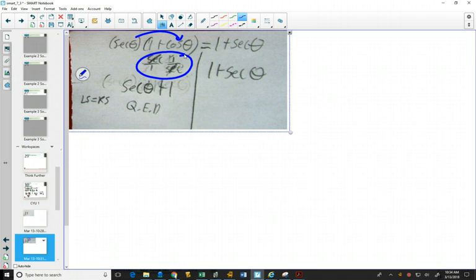Having this step here at this point, a couple of things. This line is not equal to this line because he's missing secant times 1. So it would have been better had he shown this is secant theta plus, and then showed that this is this times that over that.